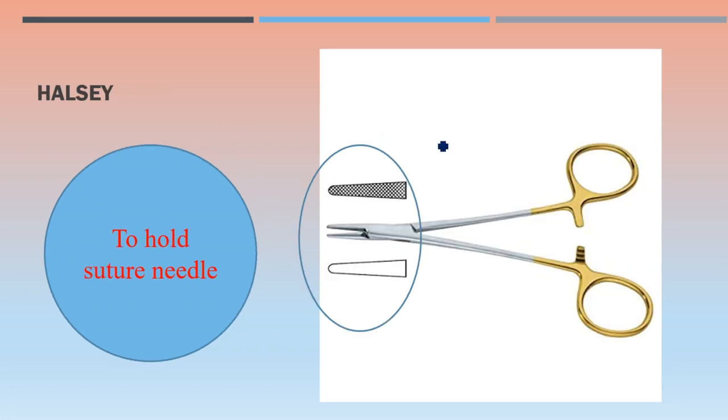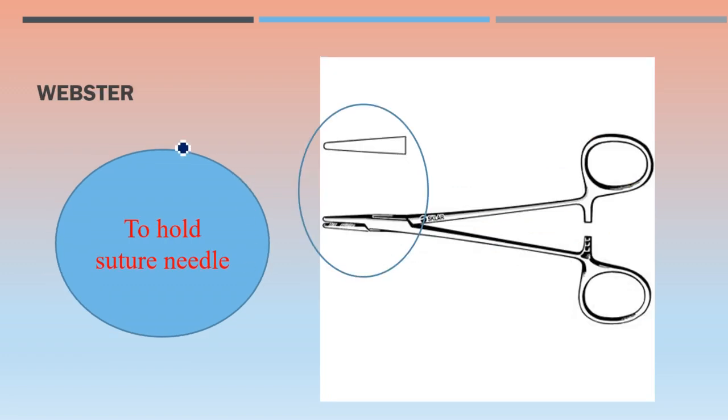Then Halsey type, you can see one jaw is serrated, another one is plain. Halsey variety. Then Webster variety, both the distal portions are plain, no serrations. Webster needle holder has three locks.